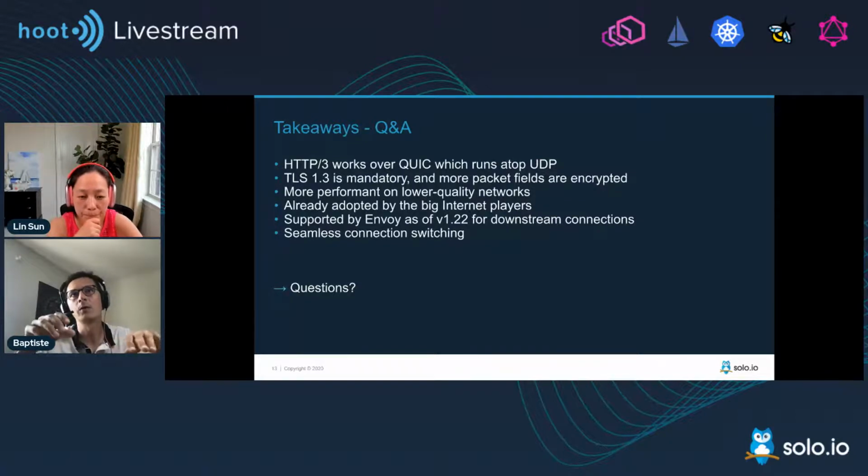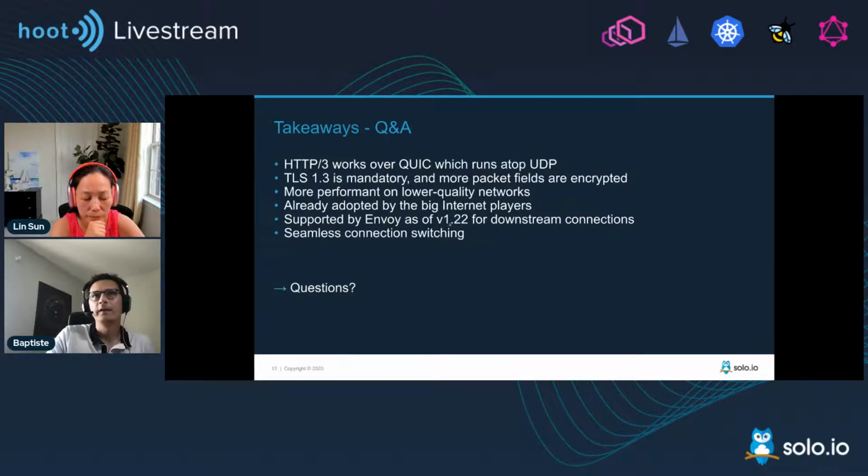And overall on the internet, according to Cloudflare Radar, it's already about 25% of the internet traffic that is using HTTP3. Why? Because all the major actors of the internet are using HTTP3: Cloudflare, Google, so YouTube, Facebook. So you can imagine that it's a big part of the traffic.